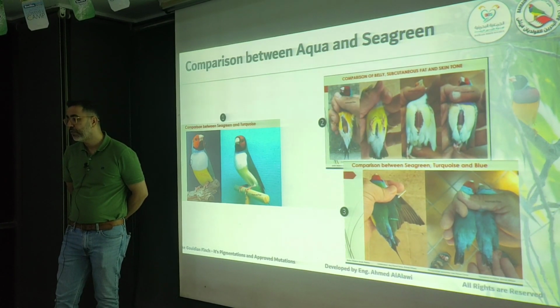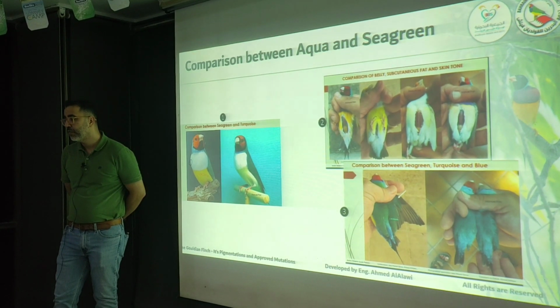So I thought that if we use aqua with a split yellow back bird, could we get that bird which is silver black? And if we use sea green with a yellow back, non-carrier of blue, it will work like a yellow back sex-linked factor.